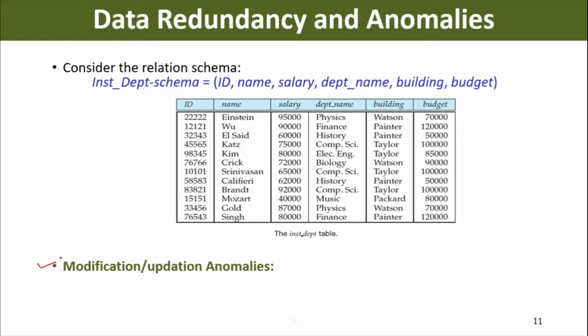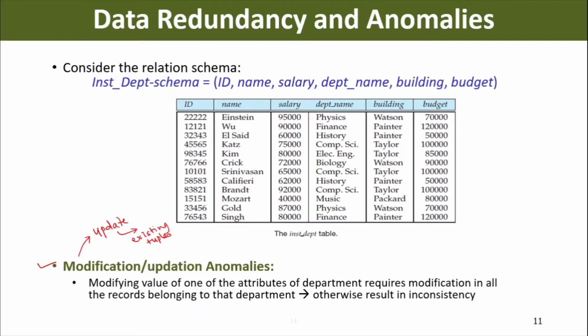So what do we mean by modification or updation? To modify the data or to update the data in the relation in SQL, we use the update statement. The update statement will help us to modify the values of the attributes for the existing tuple. So update works for existing tuples. Right? Now, what are the consequences of this relation having data redundancy?